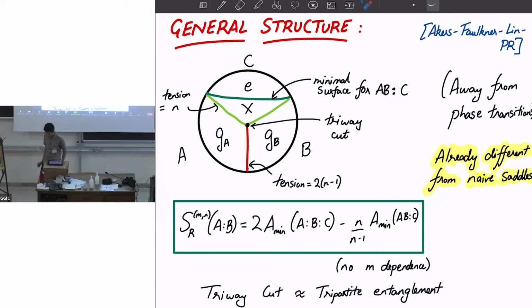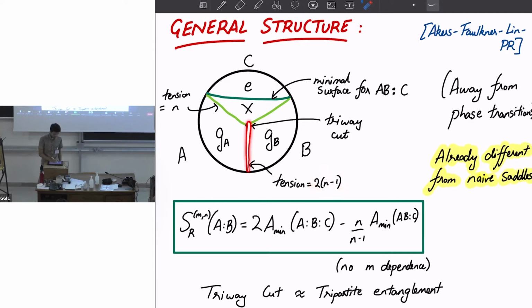Since there's no m dependence, it's relatively easier to analytically continue in m, whereas as you change n, because these tensions are different, the locations of these surfaces change. And you could think of this as analytic in n, although it's hard to rigorously prove that. But if you think of it as analytic in n, then you see that as you take n to 1, the tension here vanishes.